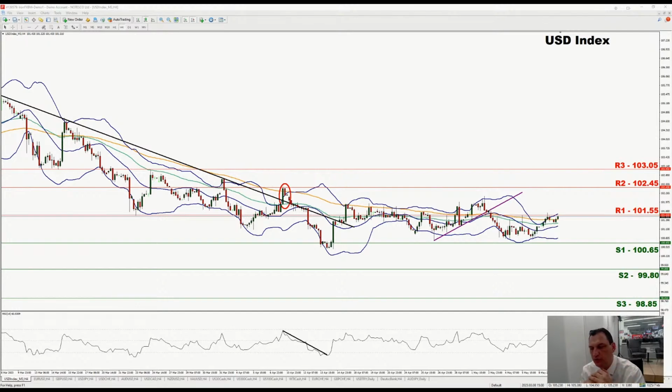On the contrary, it would re-enhance market expectations for the bank to remain on hold throughout the summer. Once again, I would be highlighting the release on a headline and a core level.